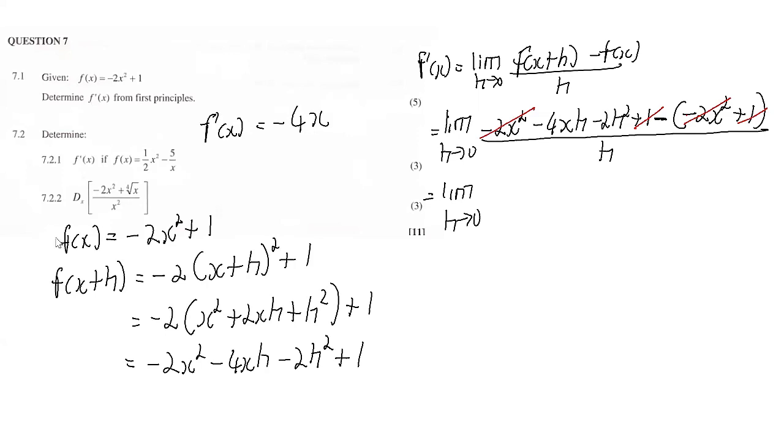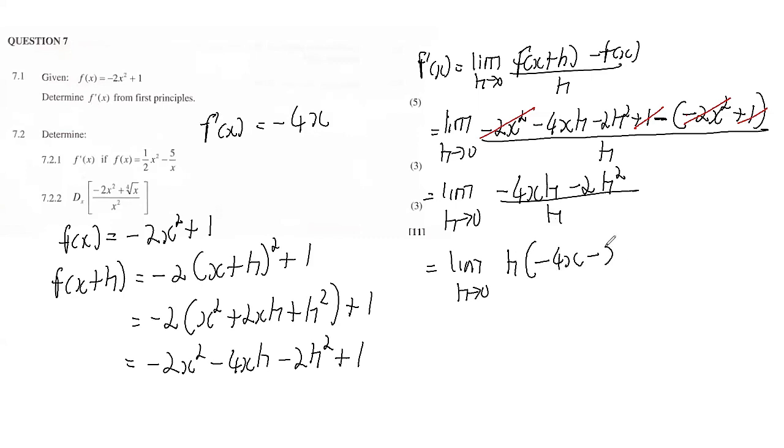Then we have negative 4xh minus 2h squared over h. Then this is equal to lim h approaching 0, we have the h here. If we factor out h, this is negative 4x minus 2h over h. At this point, the h and the h will divide out.